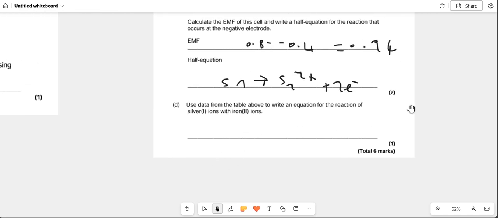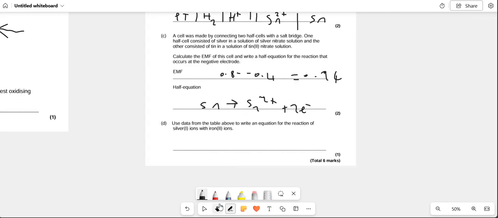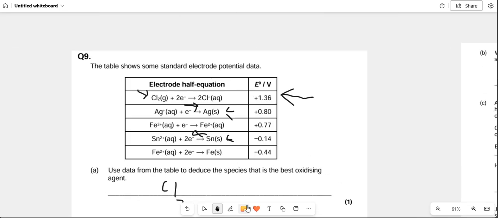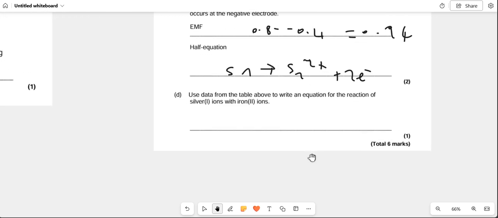Alright. Use data from the table above to write an equation for the reaction of silver with iron ions. Okay, so same thing here. Fe is smaller than Ag, so Ag is going forward and Fe is going backward. Oh no, silver with iron ions.